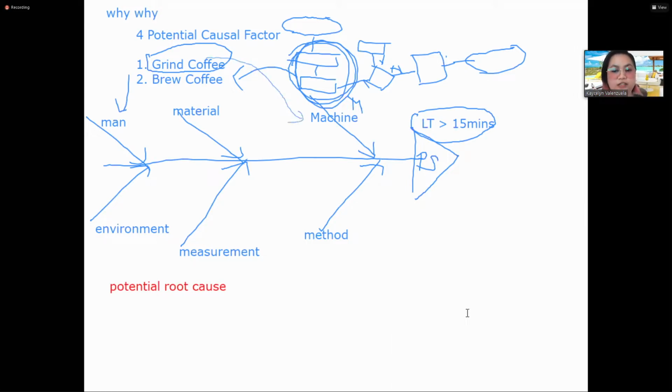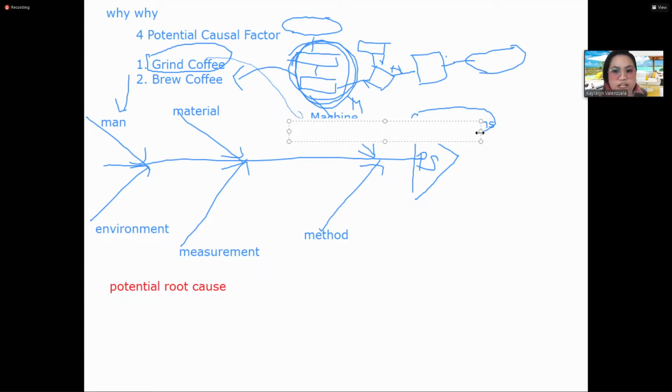Kukonek niyo yan kasi dito. What could have been the reason? Can you share? Ano kaya? So if I'll create an arrow here, ano kaya in terms of machine, bakit nagkaroon tayo ng lead time which is greater than 15 minutes?